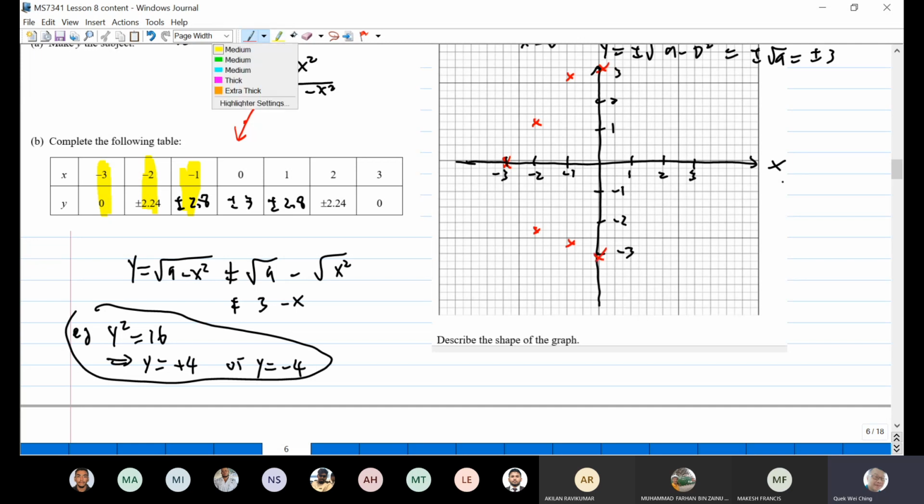Okay, then I move on to the right side now. 1, plus or minus 2.8. So 1, plus or minus 2.8 should be somewhere here.